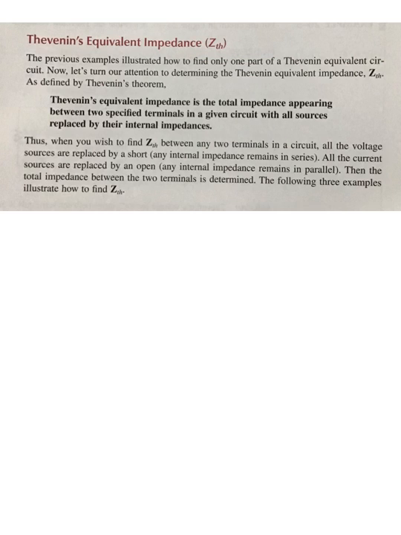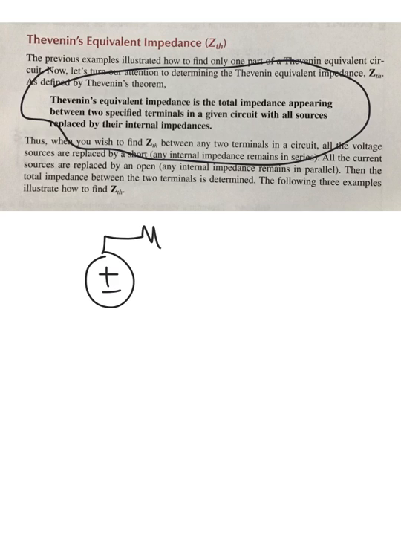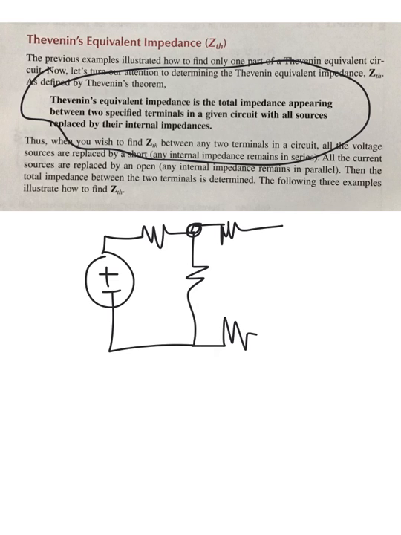In terms of finding Thevenin impedance, right here is all you really need to know. Thevenin's equivalent impedance is the total impedance appearing between 2 terminals. So here's a circuit of some size, and I plug in a load.